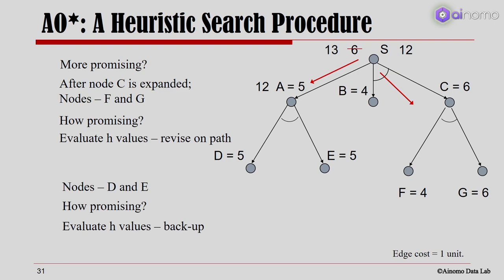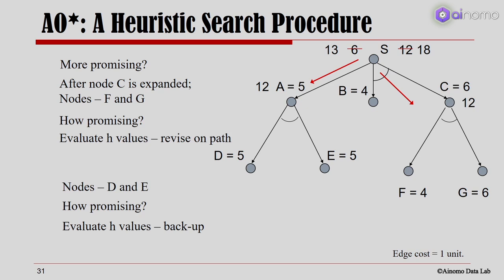So, I would have 12 here, and then I would have a revised value going up, 12 plus 4, 16 plus 2 because of the 2 connector, and that would be a value of 18.